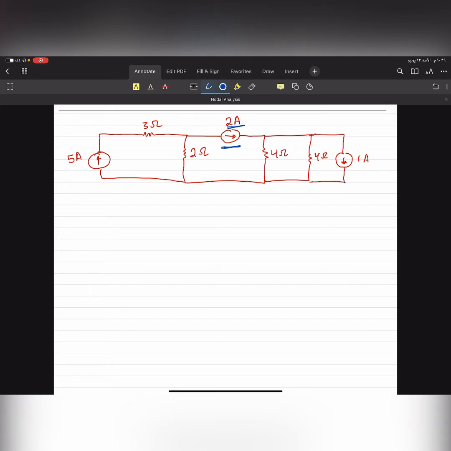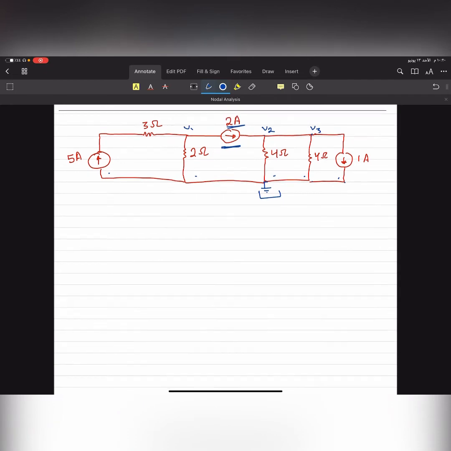So, for example, in this problem, the ground obviously is this one. For those who are asking why, it's because this node has the most branches. So here, 1, 2, 3, 4, 5. It has more branches compared to any other one. So I just name this one V1, this one V2, and this one V3, okay?